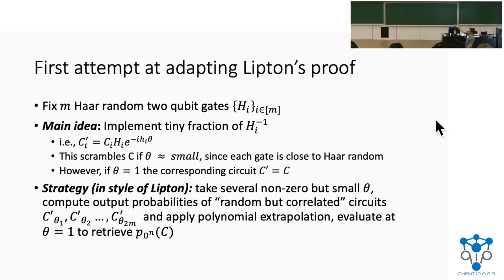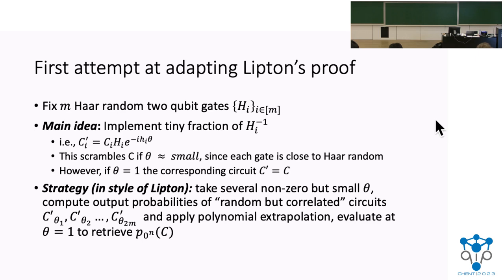Okay, so now we have these 2m points. We use polynomial extrapolation to reconstitute this polynomial, and then the goal is to evaluate it at theta equal 1, because when theta is equal to 1, we get back our worst case circuit.